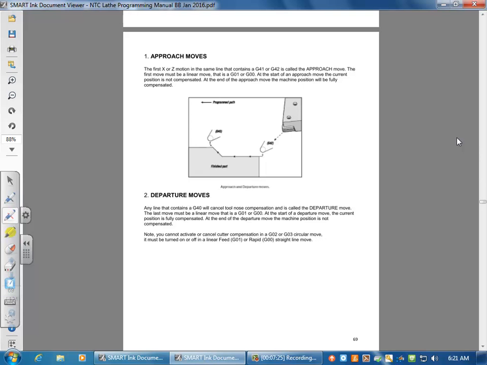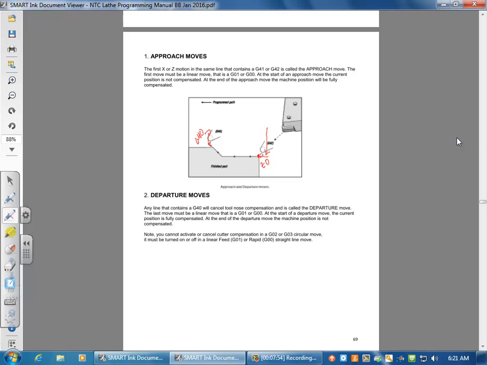So you have your G71, P1, Q2, and U, W, D, and F for feed rate. So that cutter comp wants to be applied in your first two lines, or at the latest as it goes into Z0. So those first two lines you want to apply your cutter comp. And then when you're done, you want to make sure you're off your part and then do your G40.